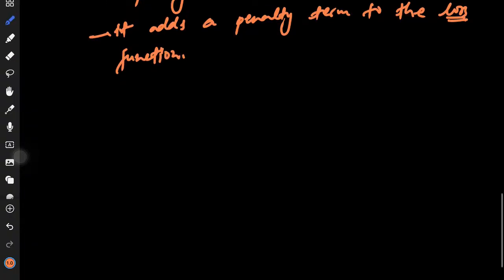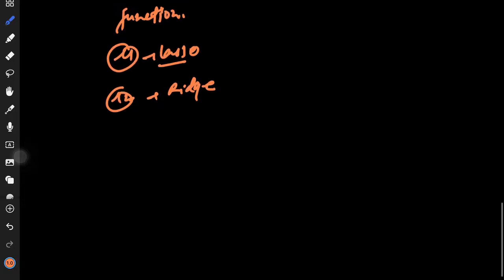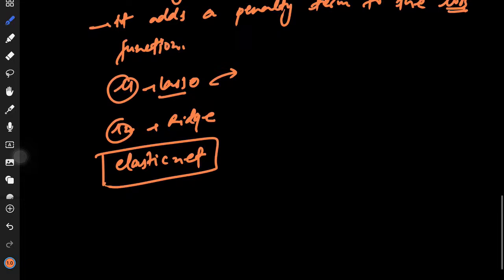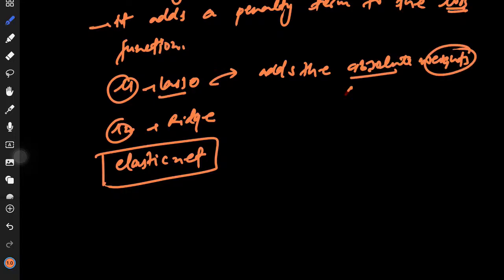What are the types? The first one is L1 regularization, which is also known as lasso regularization, the second one is ridge, and the third one is elastic net. What is lasso? In lasso, L1, we add the absolute value of weights as penalty.